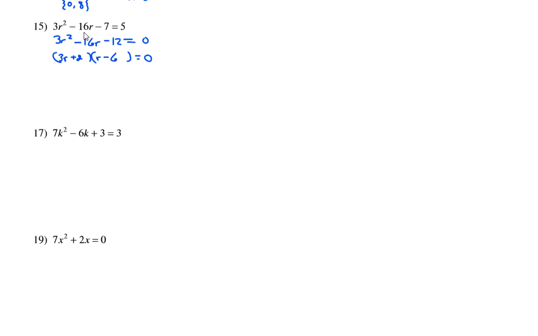If you combine those, you get that negative 16r. And like I said, the more you practice these, the easier they will get. You might have had to try a whole bunch of different combinations there, and I can just kind of think of them usually. So just keep practicing. You'll get there. All right, so one of these factors must equal 0 for the product to equal 0. So either 3r plus 2 equals 0, or r minus 6 is 0.